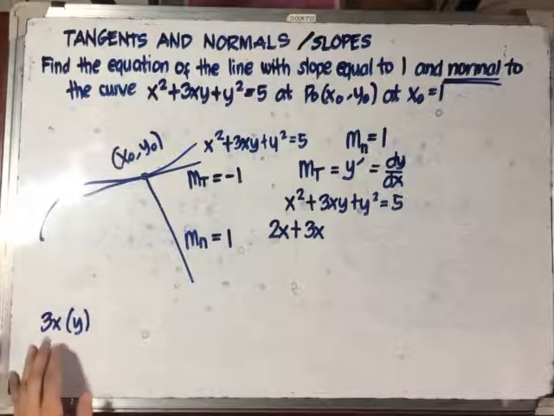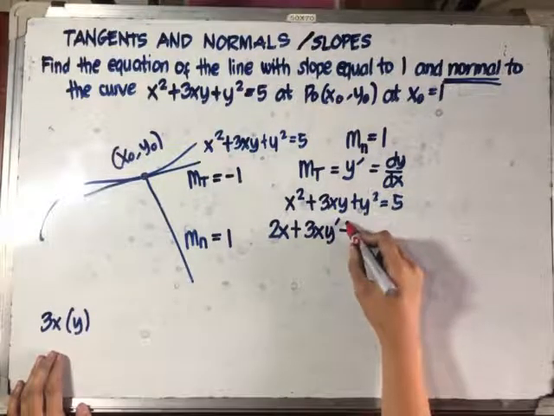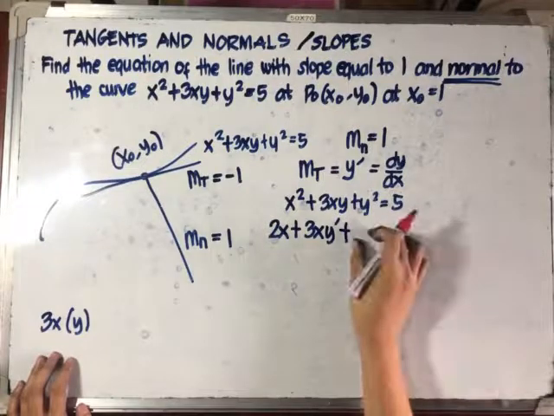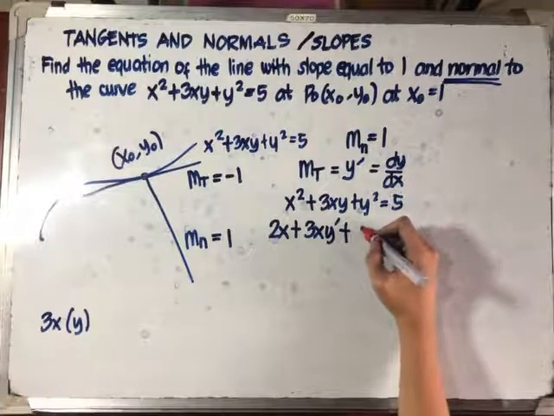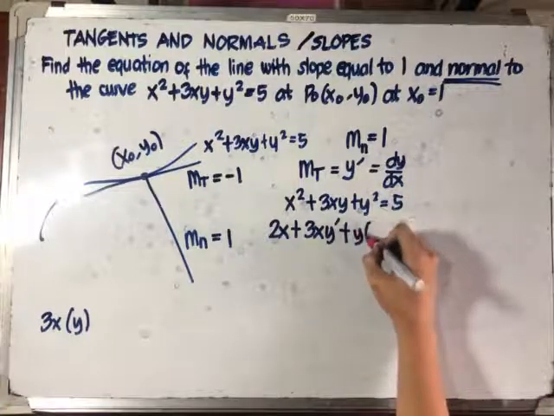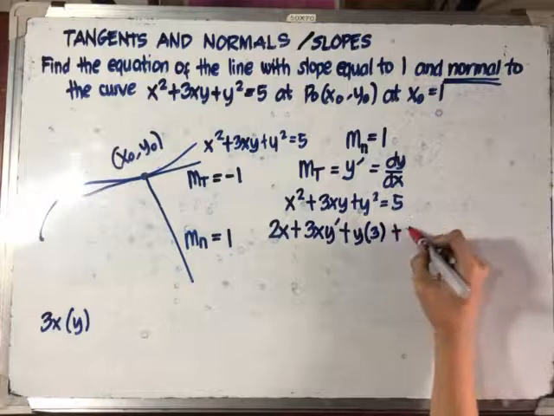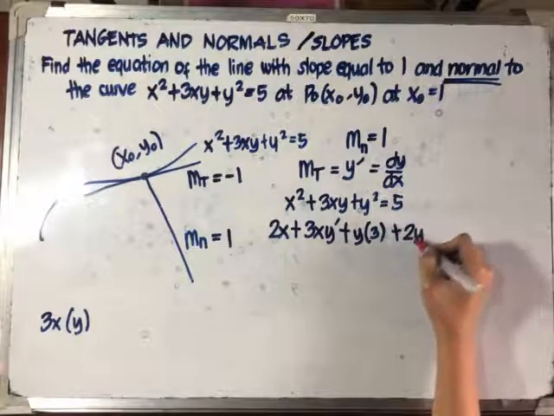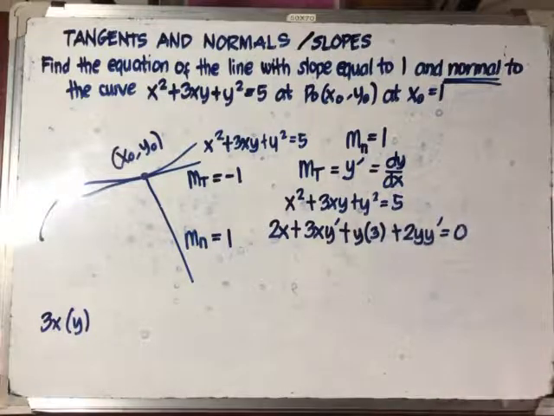We have 3x y prime plus y times 3, since the derivative of 3x is 3, plus 2y y prime. The derivative of the constant 5 is 0.